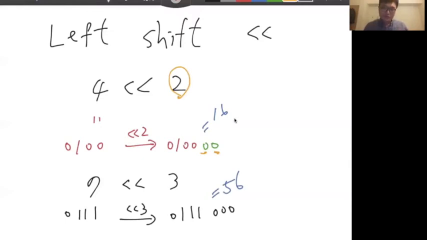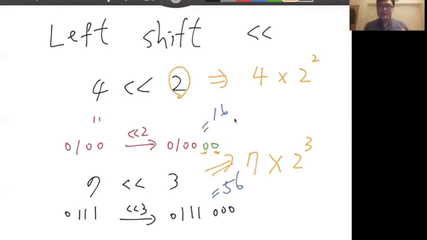If you shift by 2, it's equal to 4 times 2 to the power of 2, and it's equal to 7 times 2 to the power of 3. So how many bits you shift is actually times the power of 2. So this is how you actually compute.